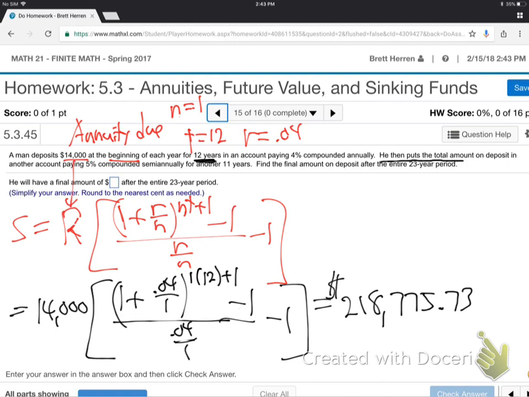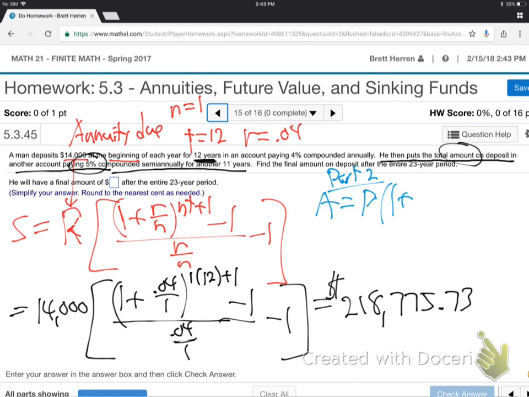He then puts that total pile on deposit, 5% for another 11 years. So the second part is not an annuity. He's not making regular payments anymore. He's just taking that whole lump sum and putting it in the bank to sit and grow for the next 11 years. So for that second part, it's just A equals P times 1 plus r over n to the nt.